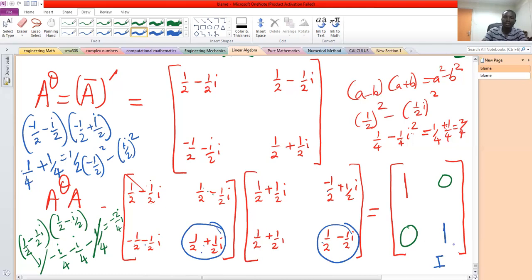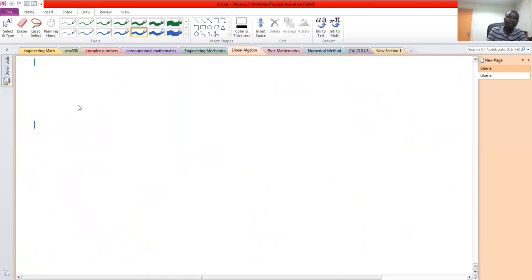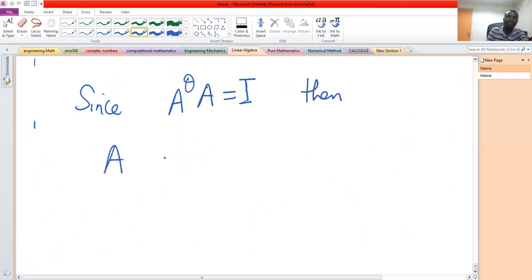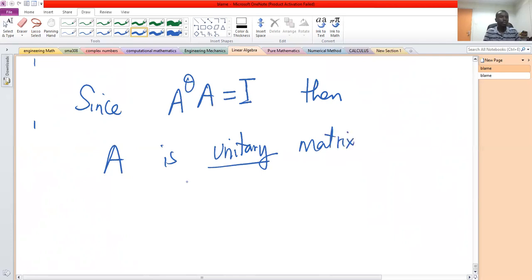So since A power theta times A is giving us an identity matrix, then A is a unitary matrix. That's how we prove that the given matrix is unitary.